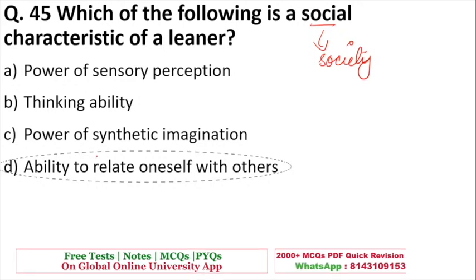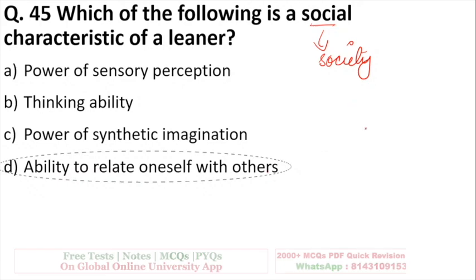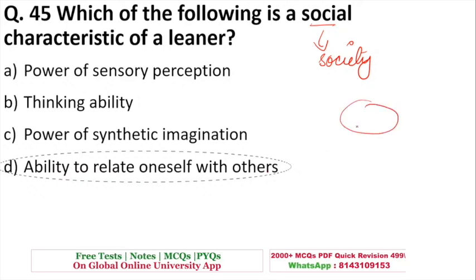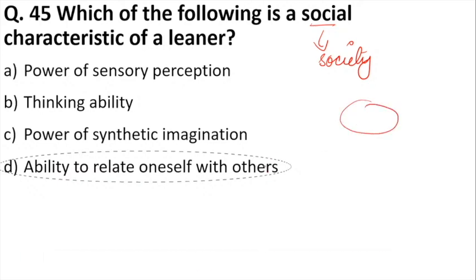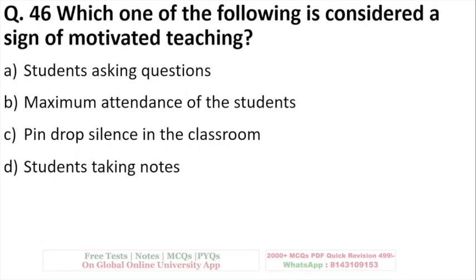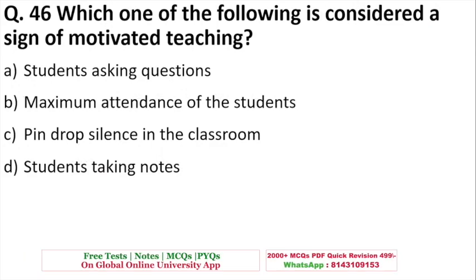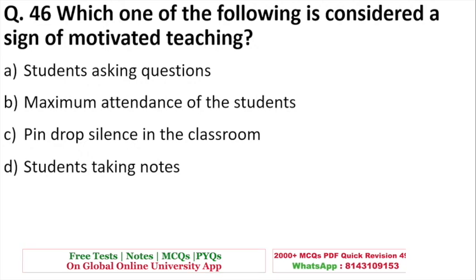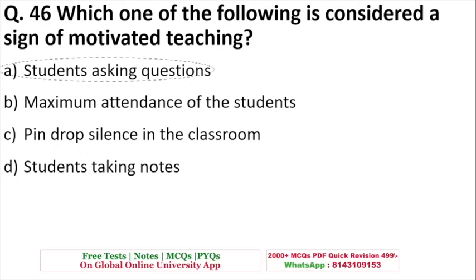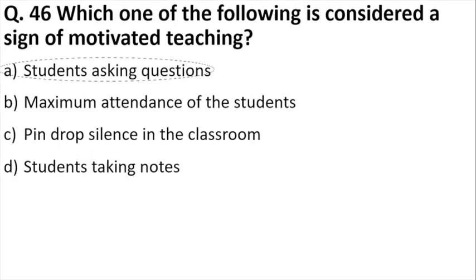So society means when you have the ability to relate oneself with others, with the people around you, as a society. That is the social characteristic of a learner. Which one of the following is considered a sign of motivated teaching? It is when the students ask questions. A is your right answer.